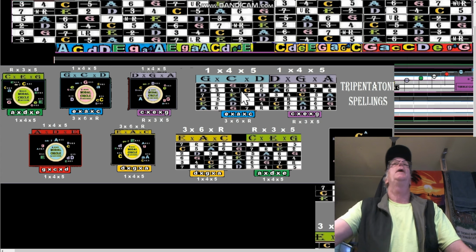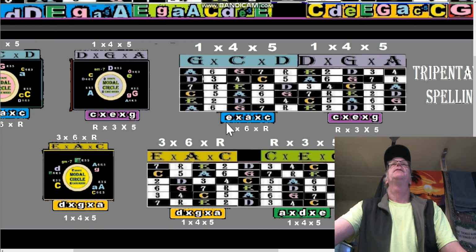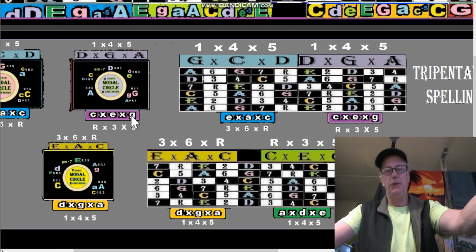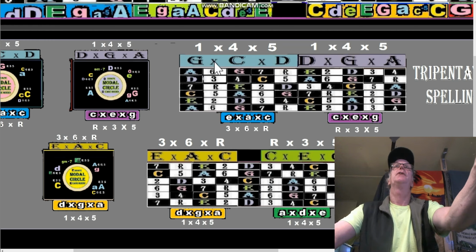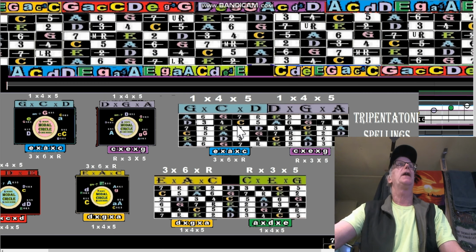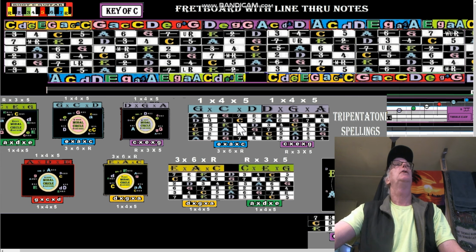So in that way, putting this right here, say root 3, 5, is really C E G. Because we want to use the notes. And over here, 3/6 root. Instead of putting 3/6 root, we really should say E A C, because these are the shapes. This is E minor shaped, A minor shaped, and C minor shaped. Okay, so that's all I'm going to say about that, and we'll move along.